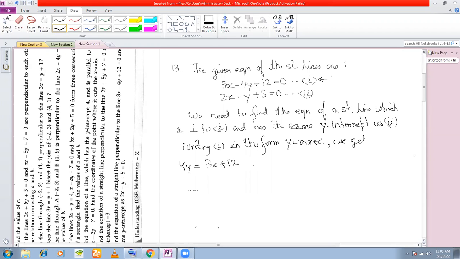From equation number 1. That means y is equal to 3x plus 12 by 4. That means y is equal to 3 by 4x plus 12 by 4. That means you get y is equal to 3 by 4x plus 3, right?